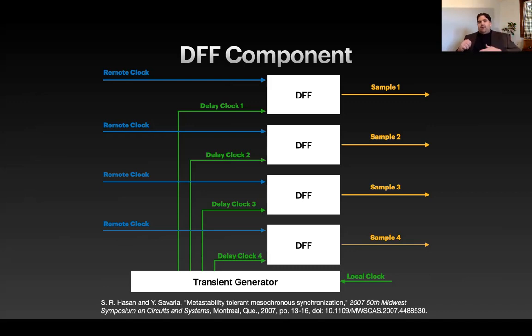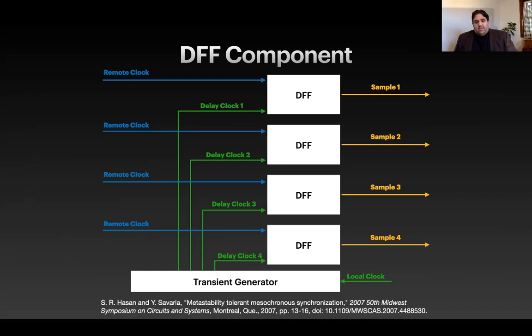And you're going to latch that D flip-flop, and you're going to get these samples at the output. And what that's going to do is enable us to see which one of these samples most closely aligns with the remote clock, sort of like in that diagram I just showed on the previous slide.